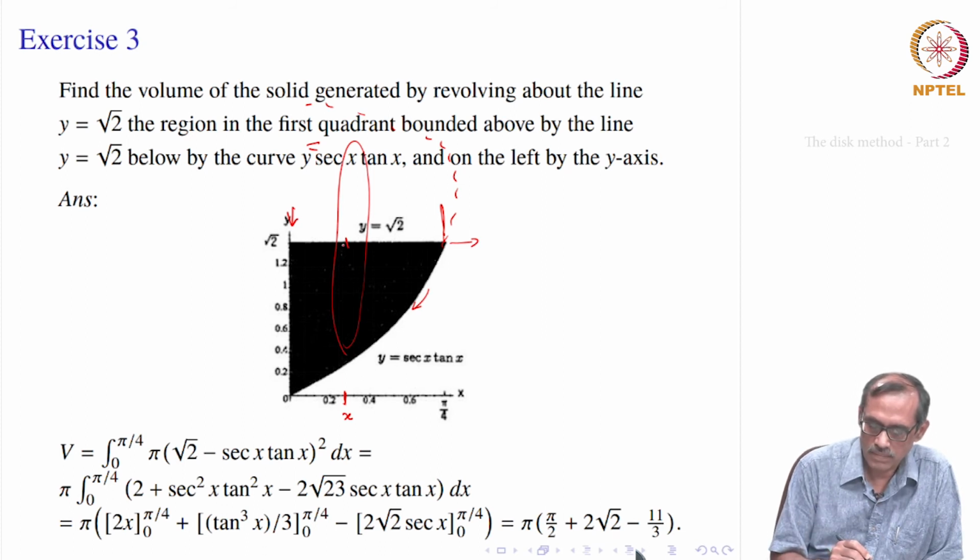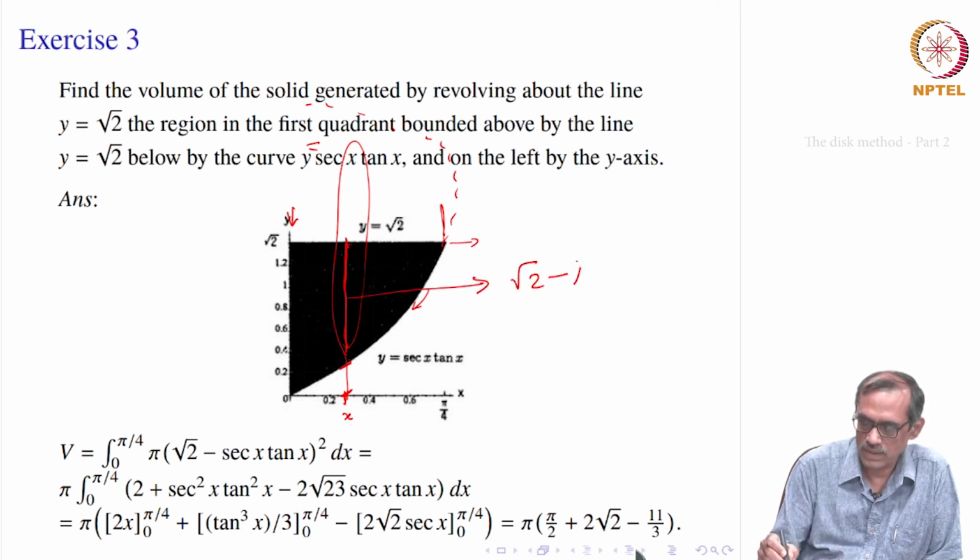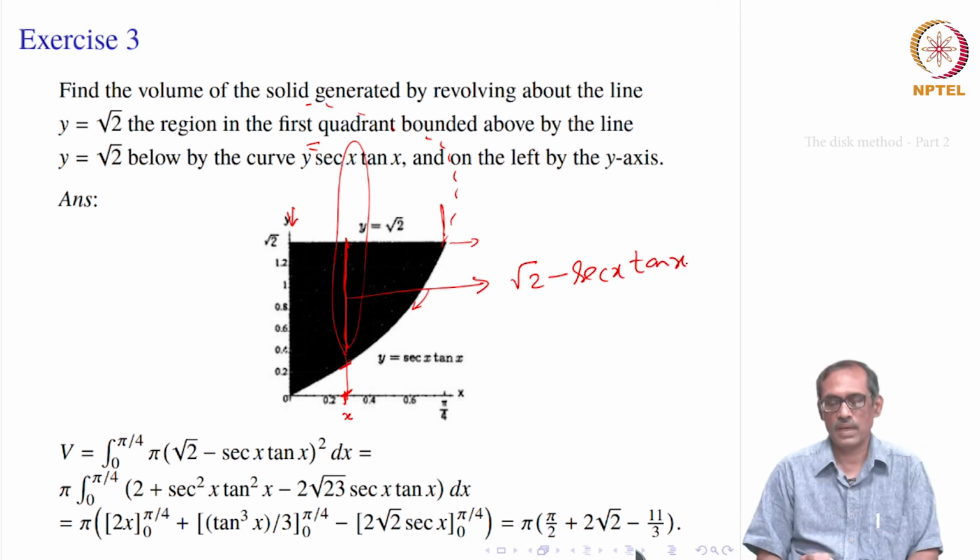We want to find out this radius. That is root 2 minus this side, which is the curve y equal to secant x into tan x. So, the radius is equal to root 2 minus secant x into tan x, fine.